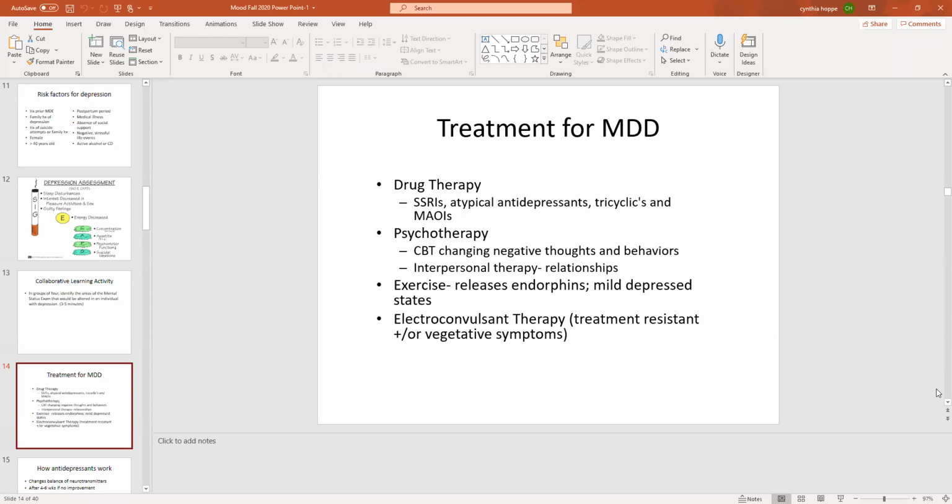We also have atypical antidepressants, and what I'm really trying to say is that we're getting receptor specific. The tricyclics, a lot of times we can't use those in the elderly population because of the serious cardiac issues with that. And the MAOIs, to be honest, I've only taken care of one teenager who was on an MAOI, monoamine oxidase inhibitor.